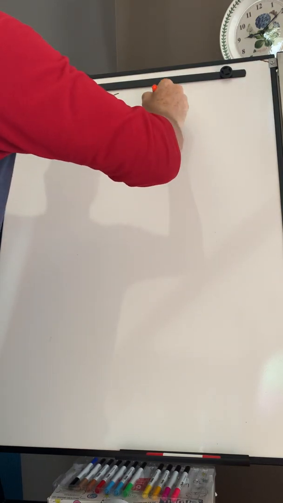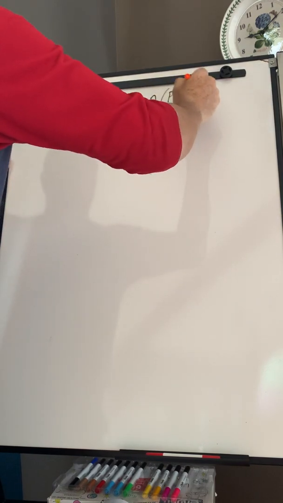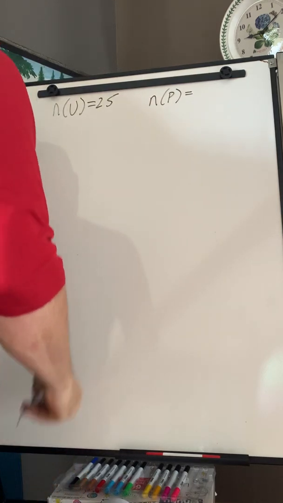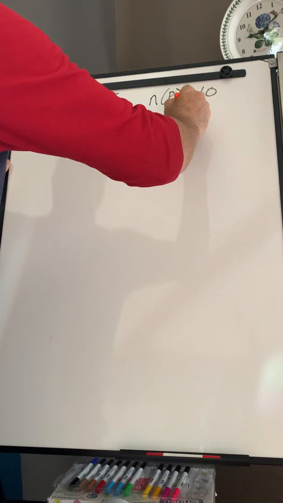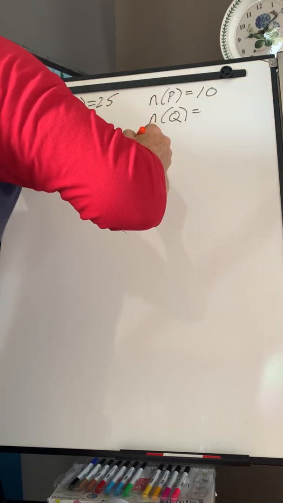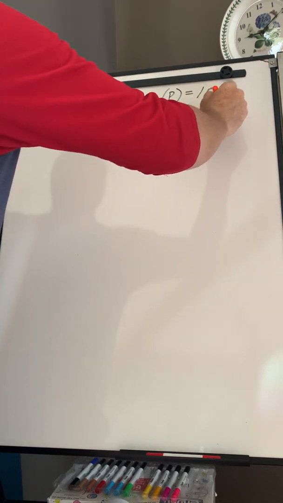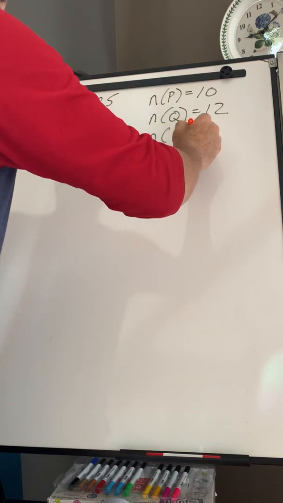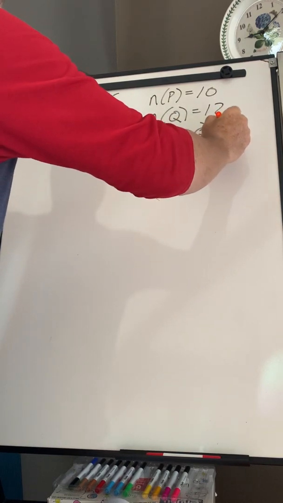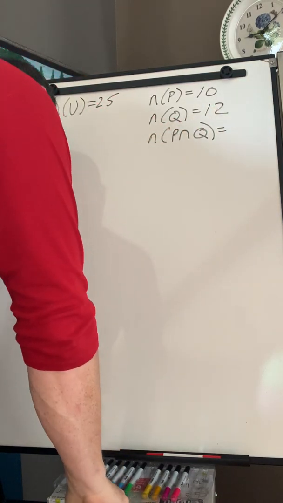Number of elements in P is 10. Number of elements in Q is 12. The number of elements in P intersect Q is 3.